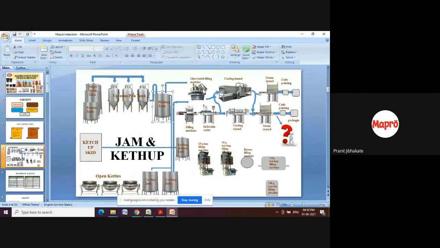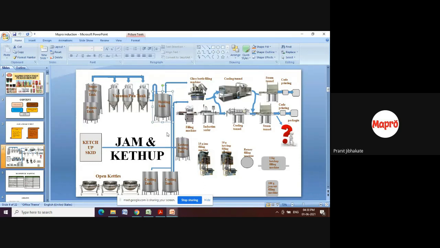Actually, what happens now? When we apply vacuum, as in the case of a pressure cooker also, the cooking will be fast and the temperature required for cooking will be less. So here, if I require 100 degrees Celsius for cooking, here I'll require only 70 to 80 degrees.